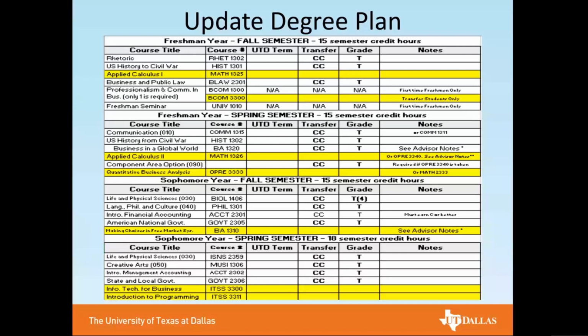And then all the courses that you have transferred in so far are noted on your degree plan right now. If there are courses missing, double check that you have sent us your most updated transcript and that you made at least a C in each of those courses.